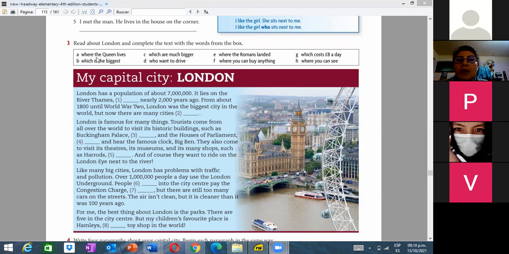For example, London has a population of about, okay, what we are talking about, a lot of people, right? Entonces eso les tiene que venir a la mente. ¿Qué podría ser? ¿Cuál podría ser? A ver, vamos pensando, please, students. Come on, come on. A ver, vamos a fijarnos un ratito para que podamos ver si nos alcanza el tiempo y terminamos o nos vamos con esta actividad. Let me check.